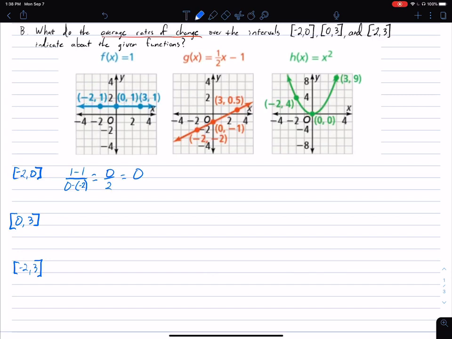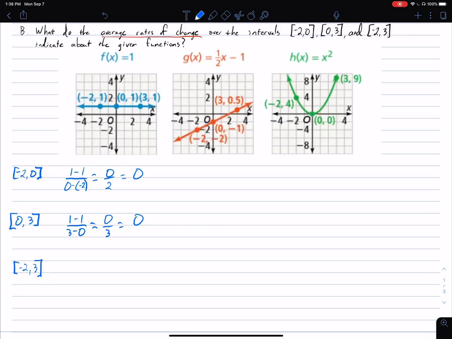Now the next part, it says 0 to 3. So this time we're looking at this point and this point here. So again, y minus y, in this case 1 minus 1, over x minus x, so 3 minus 0. 1 minus 1 would be 0, 3 minus 0 is 3, and then 0 divided by 3 is 0. So my average rate of change here from 0 to 3 is 0.